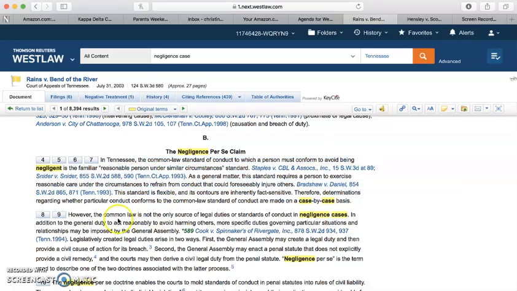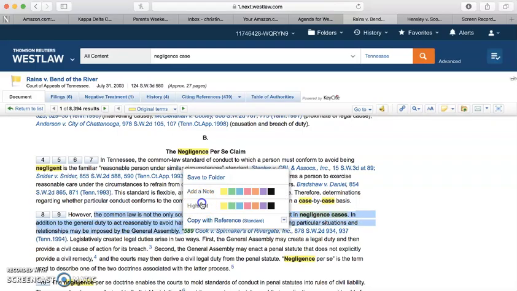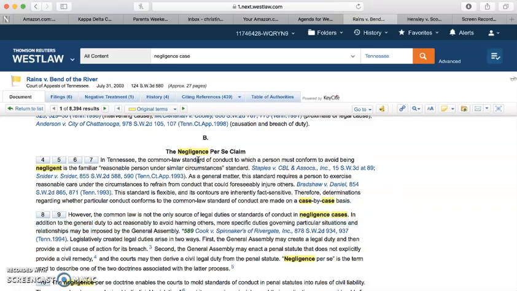This also says, however, the common law is not the only source of legal duties or standards of conduct in negligence cases. In addition to the general duty to act reasonably to avoid harming others, more specific duties governing particular situations and relationships may be imposed by the General Assembly. So those are the causes of action for negligence cases in Tennessee.